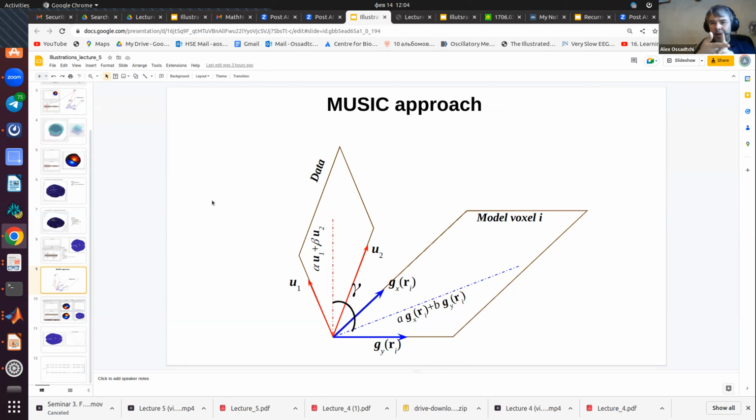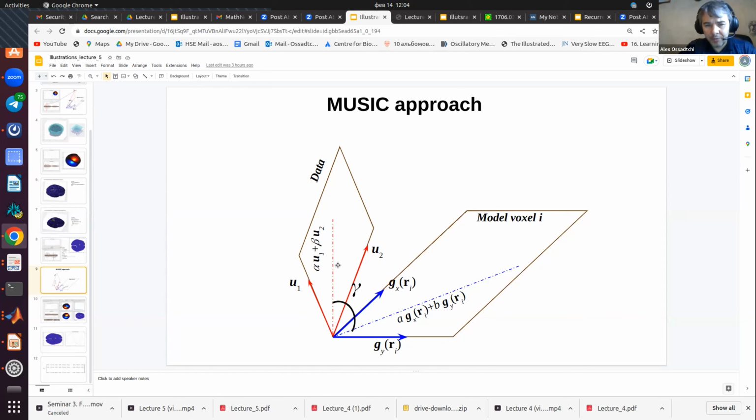Let's try to find two vectors, one in one subspace and the other in the other subspace, such that the angle between these two vectors is as small as possible. You draw a line, then draw a plane, and measure this angle.